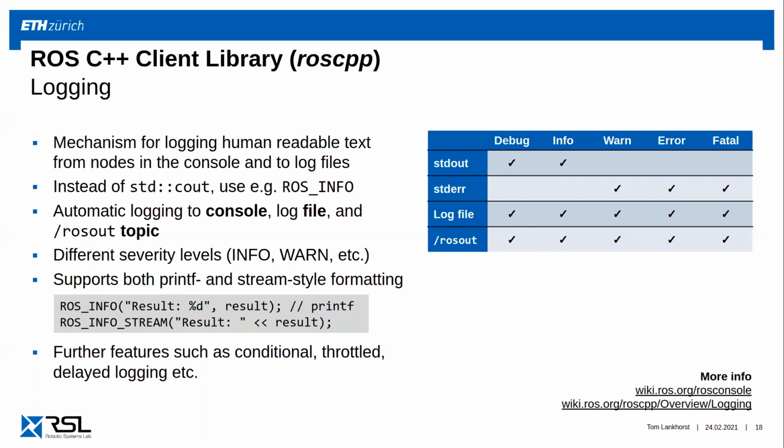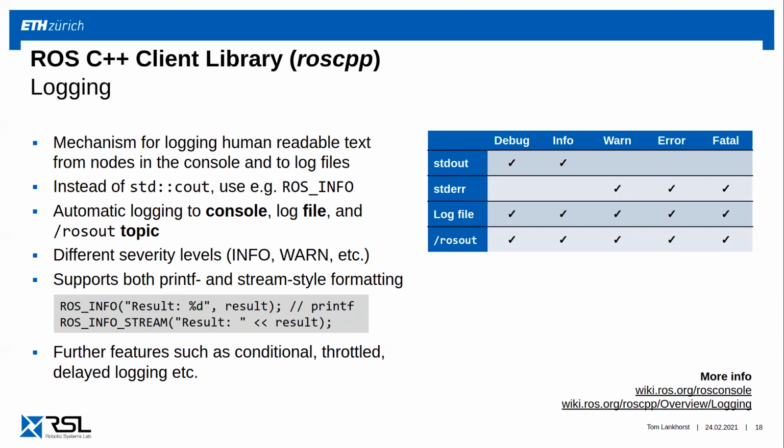Here we see an example of the two types of string formatting. The first one is a printf style, and the second one is the stream style. The printf style uses character sequences to substitute parameters. In this case, %d means a numerical value.